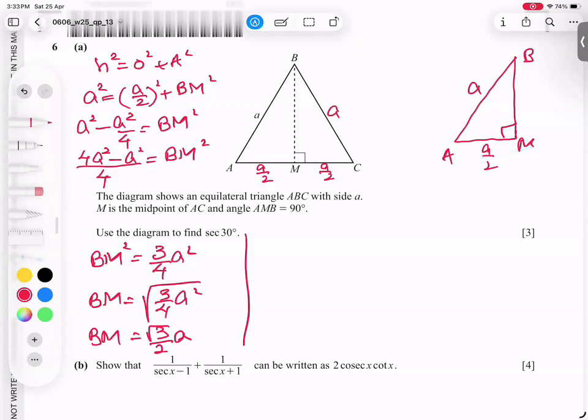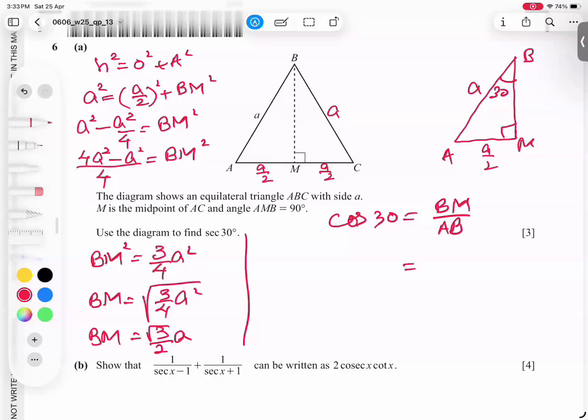Now students, if I ask you what is cos theta, in this diagram it is adjacent by hypotenuse. So cos 30, because these are 30 degrees, is BM by AB.